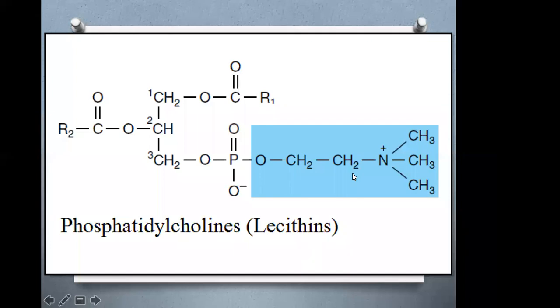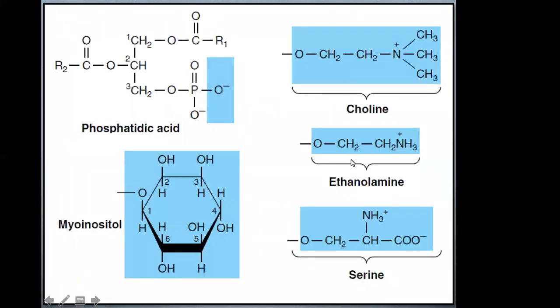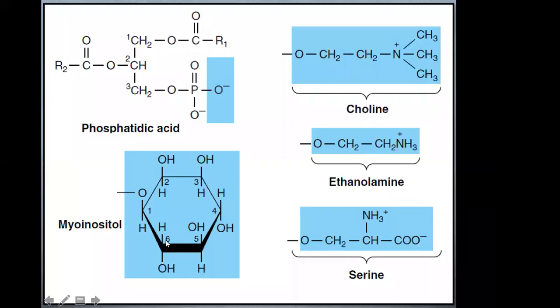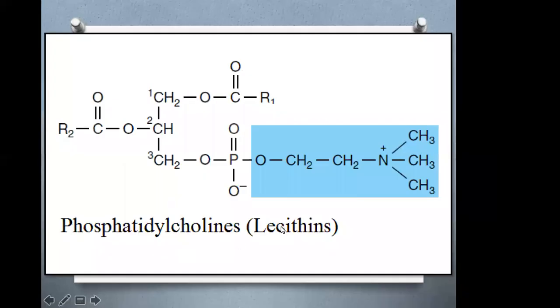So another MCQ you can solve from this slide: the X group in lecithin is choline, ethanolamine, serine, or myoinositol. The X group in lecithin is choline. So remember it.